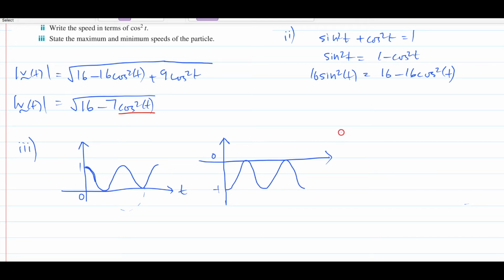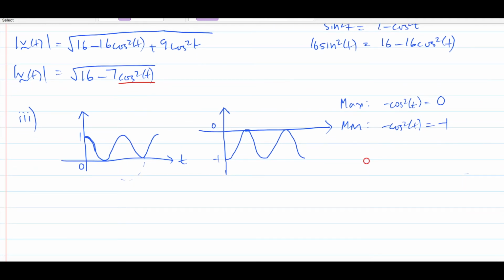But in this case, the max occurs when the negative cos square t is equal to 0, see, the max occurs over here, and the min occurs when your negative cos square t is equal to -1. So how does that work? Well, we know that the max of the speed occurs when your negative cos square t is equal to 0.